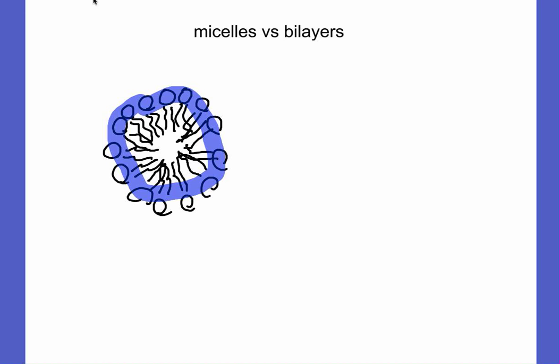And that polar head group is actually attracted to the water that's surrounding this micelle, whereas the non-polar tails that are in the center here are repelled by that water. They're attracted to each other, and they're what we call hydrophobic.